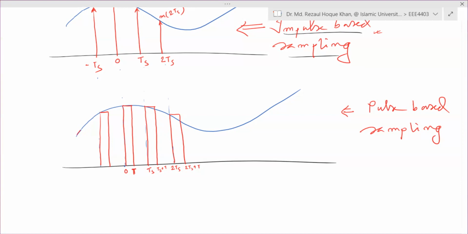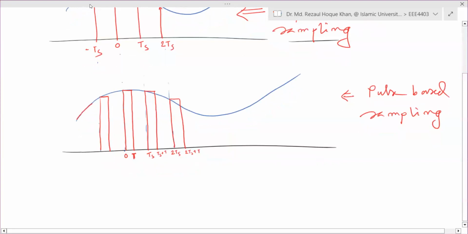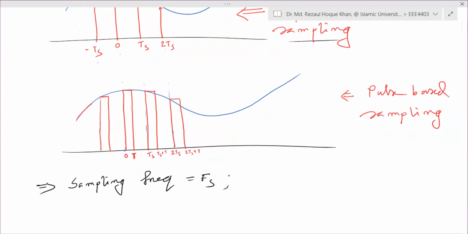Here the sampling frequency is fs, and the sampling time is TS, which is 1 by fs.